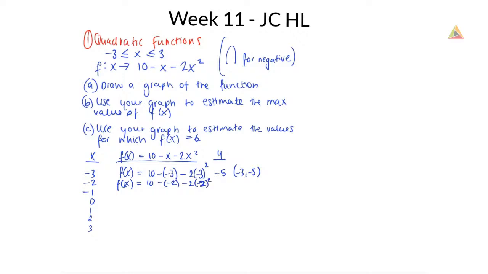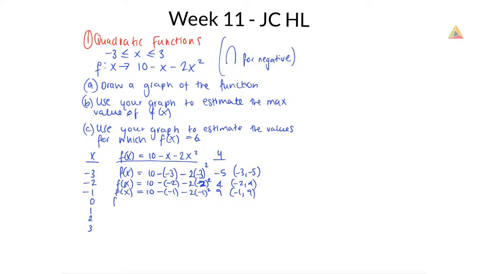And when you plug that into the calculator, you will get 4. So that point is going to be (minus 2, 4). The next one, f of x is equal to 10 minus minus 1, minus 2 by minus 1 squared. And when you put that into the calculator, you get 9. So your point there is (minus 1, 9).